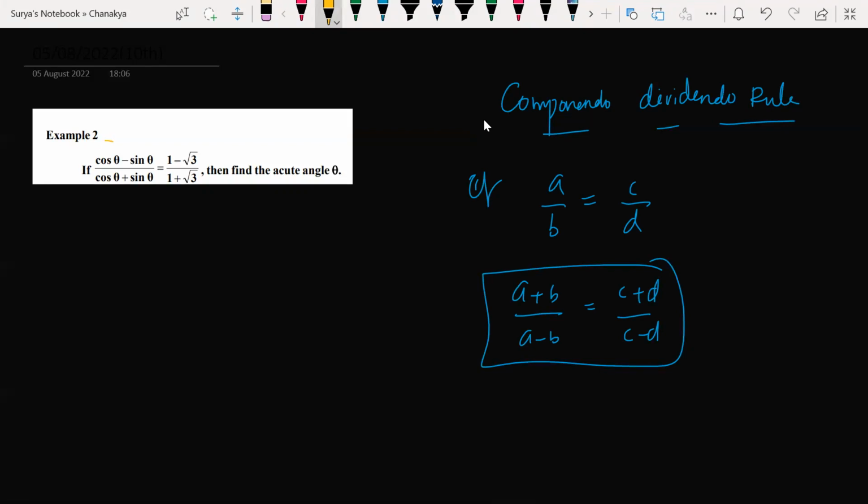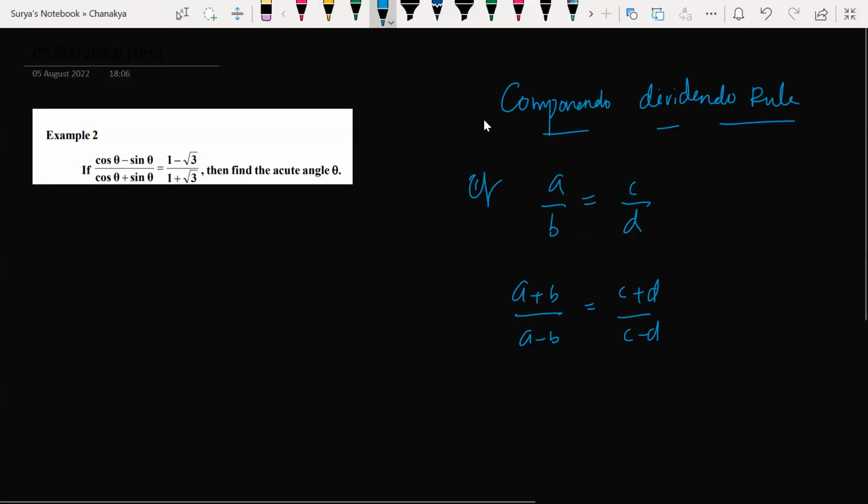If you have a by b is equal to c by d, then we add once, a plus b, and subtract once, a minus b. So (a plus b) divided by (a minus b) is equal to (c plus d) divided by (c minus d).